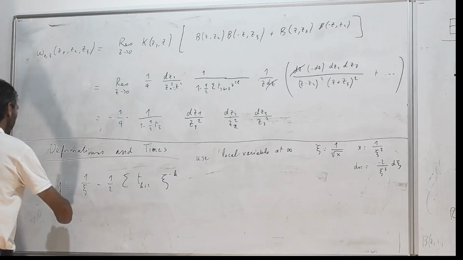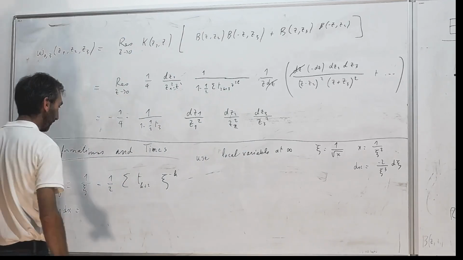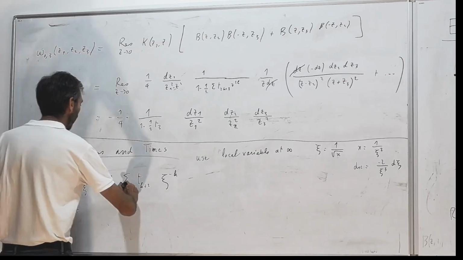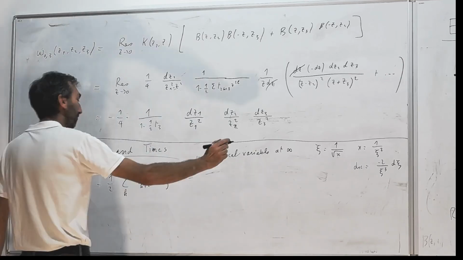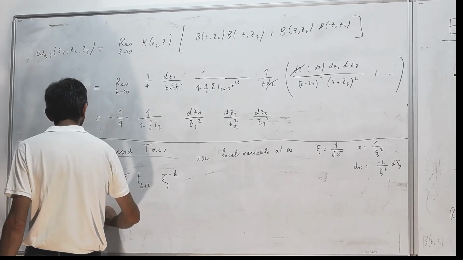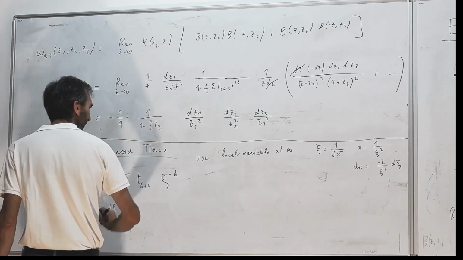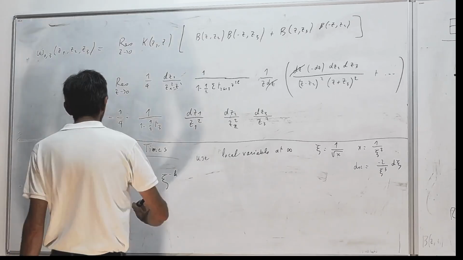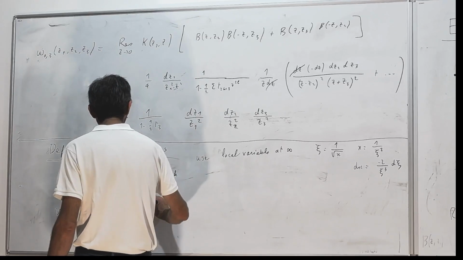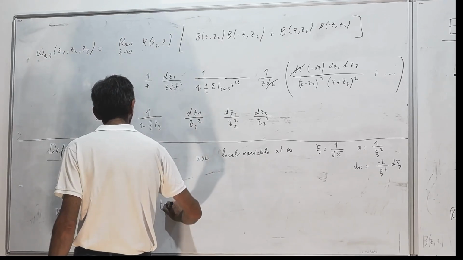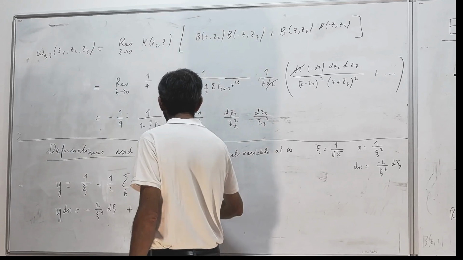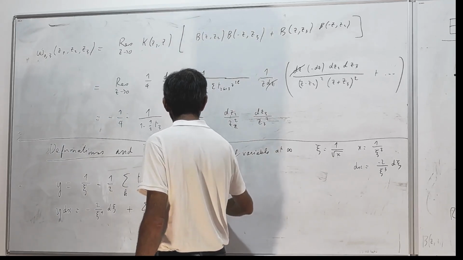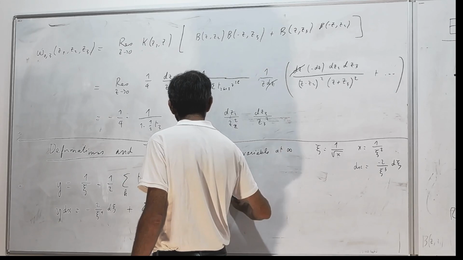So y dx is minus 2 over xi^4 dxi. Did I make something? Yes. Plus sum over k, t_{k+2}, xi to the power minus k minus 3 dxi.